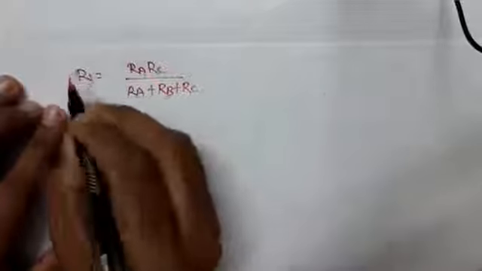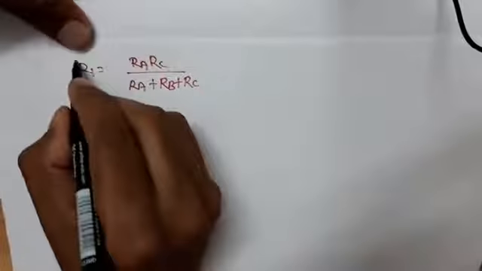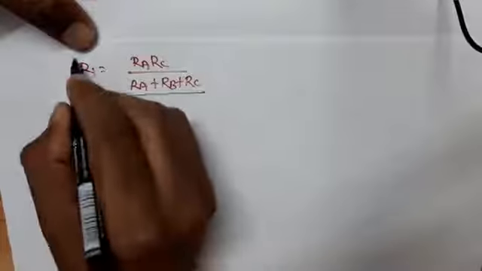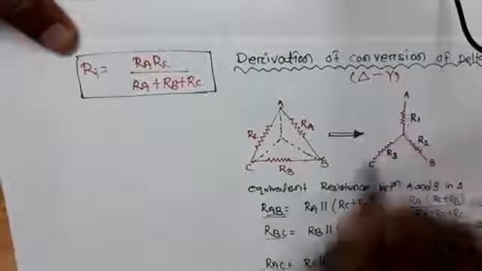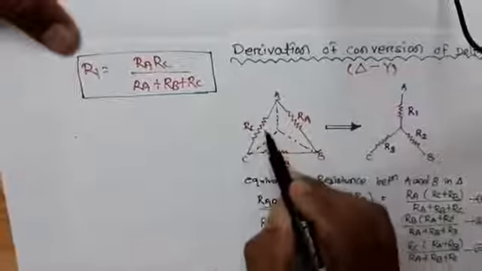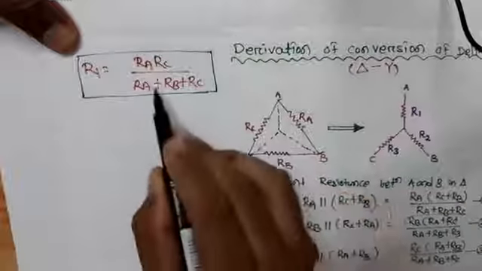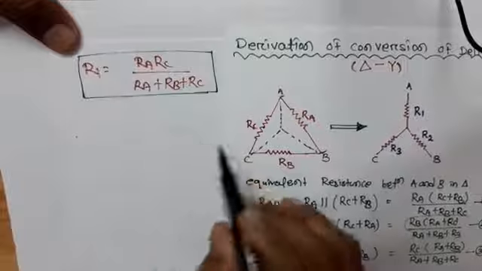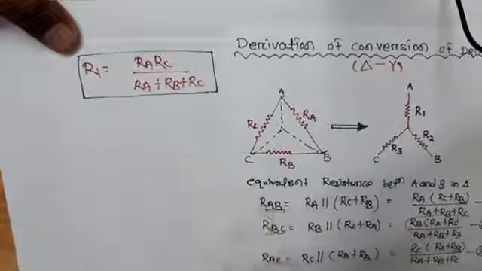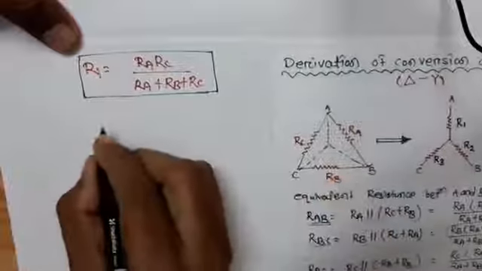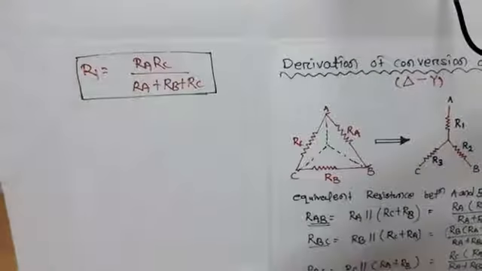This is for R1: RA and RC divided by the sum of all.